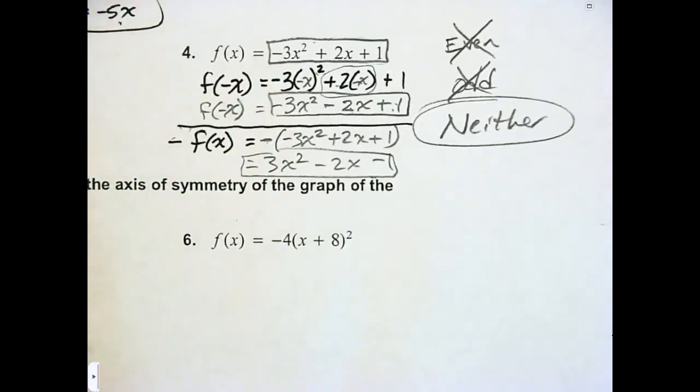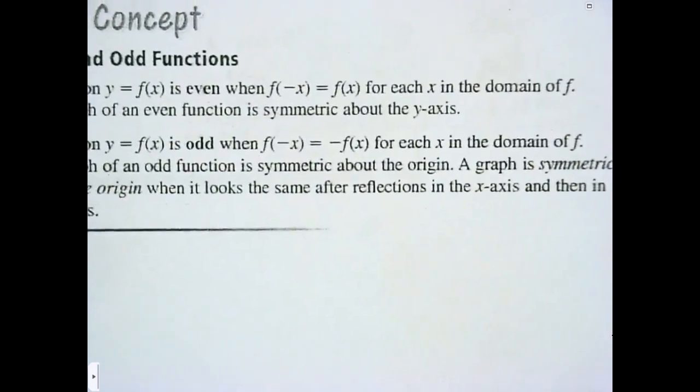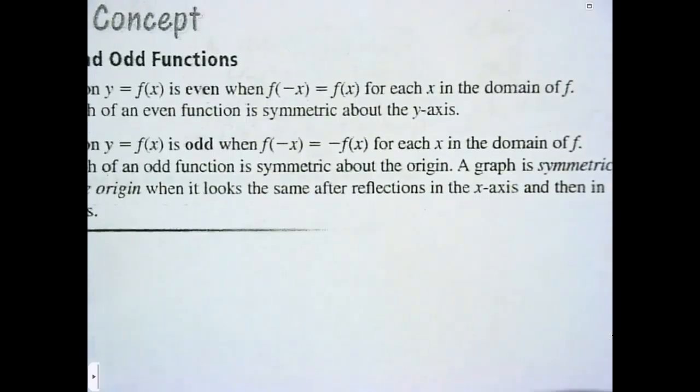Okay? If you look back to page 263 of your student journal real quick, take a look at that. On page 263, it talks about what an odd and even function is. On that one it says, if it's an even function, it's symmetrical about the y-axis.